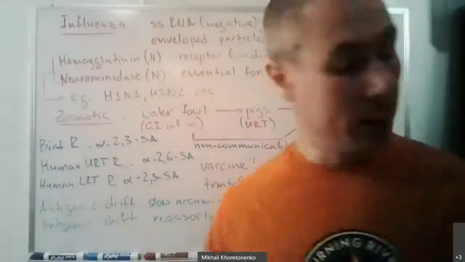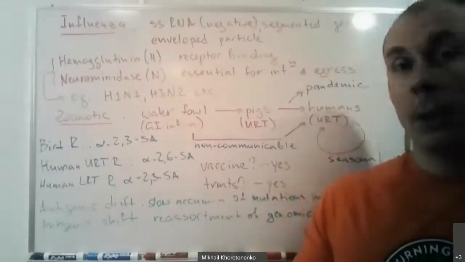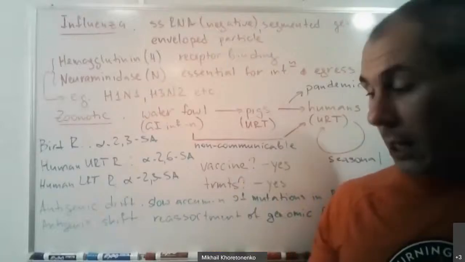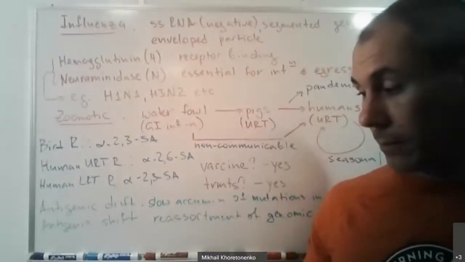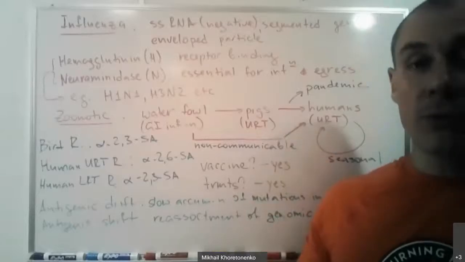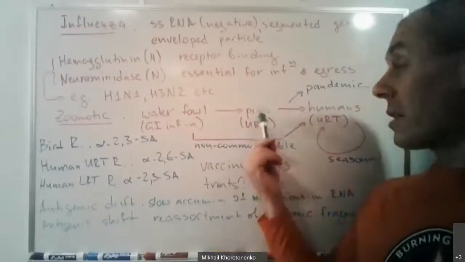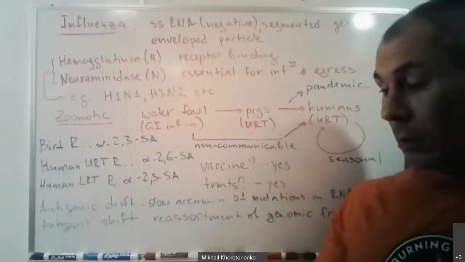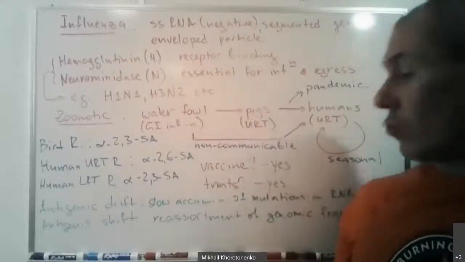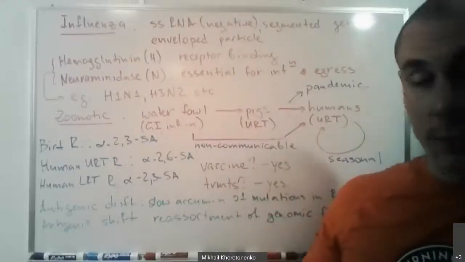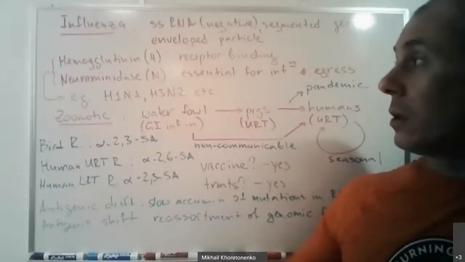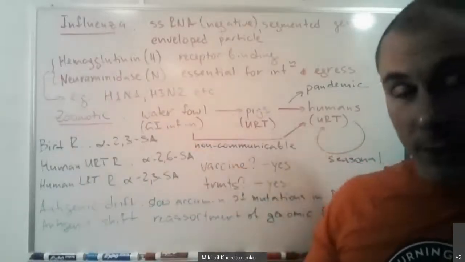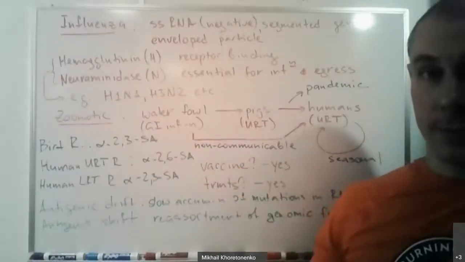Now, she had all spades, I had all diamonds. When we shuffled and dealt them back, now we both have a mixture. Does that make sense? When 2 different influenza viruses infect a pig, they can exchange, reassort their genomic fragments. And that may result in a dramatic change in the antigenic properties of the influenza virus.